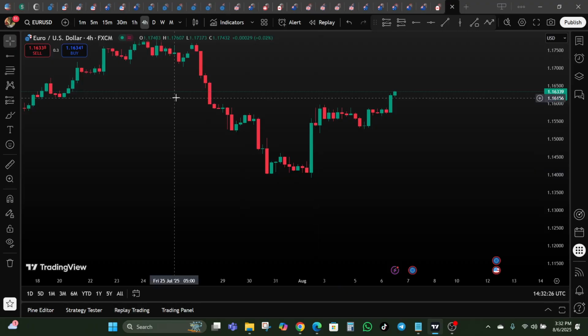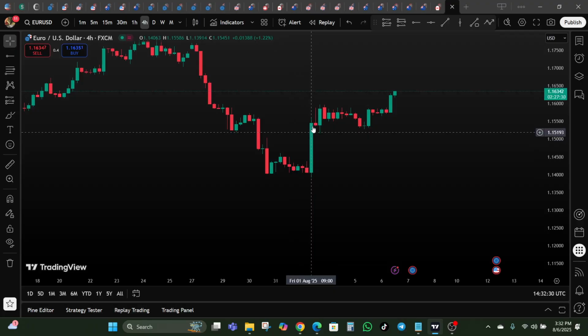Candle range theory focuses on analyzing the full range of a candle from the high to the low as a zone of market intent.